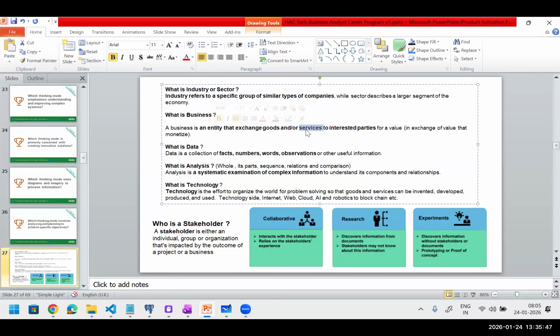Then you are going to return to us a currency. Maybe it's a dollar bill or a rupee, whatever it is, right? So we are exchanging.